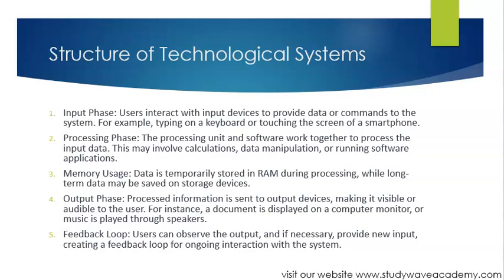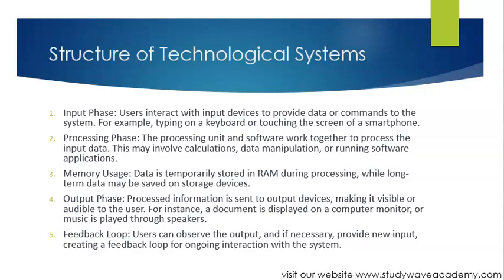Then the feedback loop. Users can observe the output and, if necessary, provide new inputs, creating a feedback loop for ongoing interaction with the system. So the structure of a technological system involves these components working together in a coordinated manner.